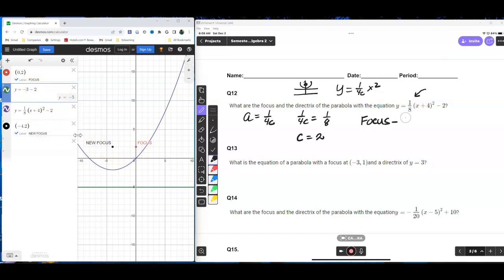And the directrix is not at y equals -2, it's at y equals -5.